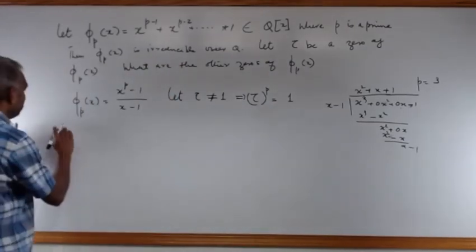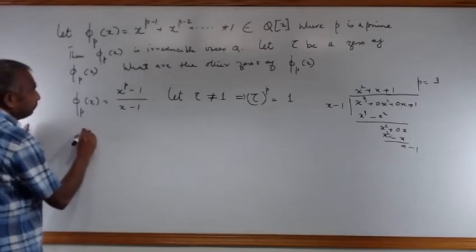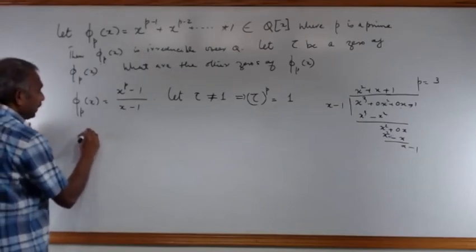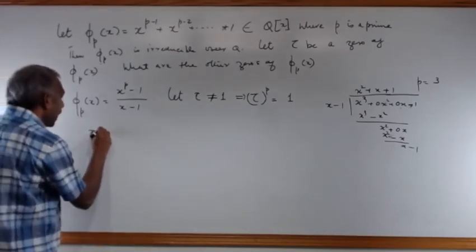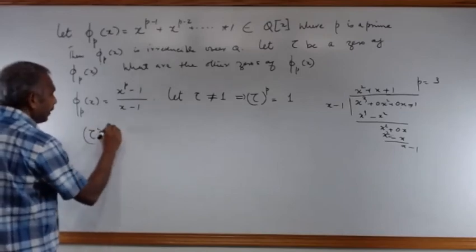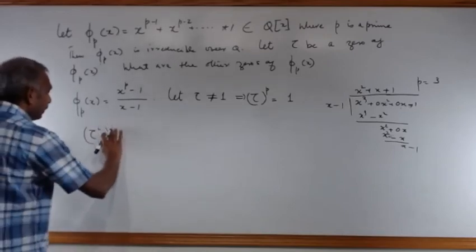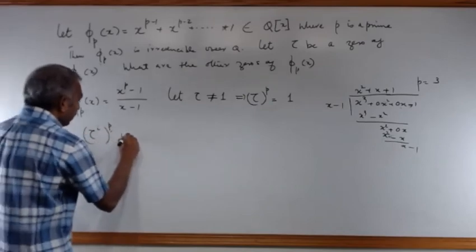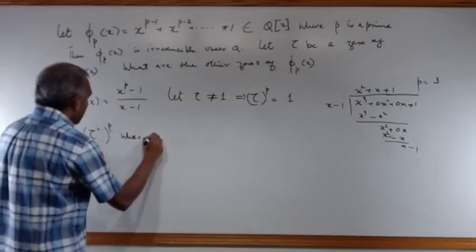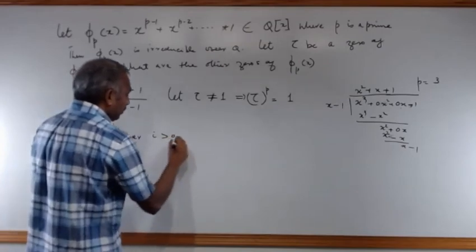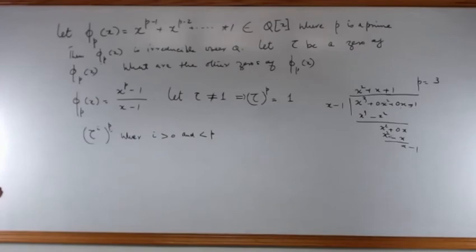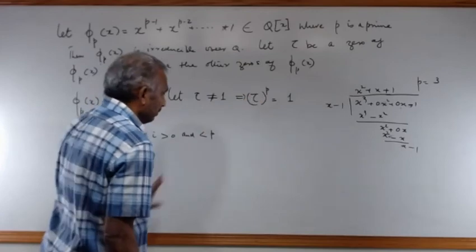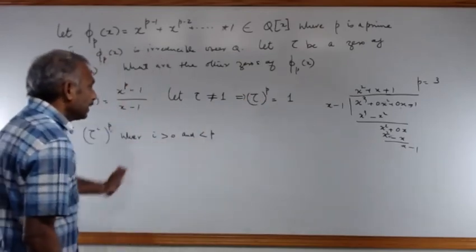Now let us take ψ^i, where i is greater than 0 and less than p. If it is equal to p, then it's automatically 1, so I'm going to assume that it's less than p.